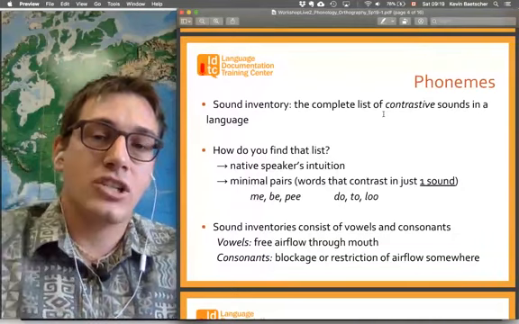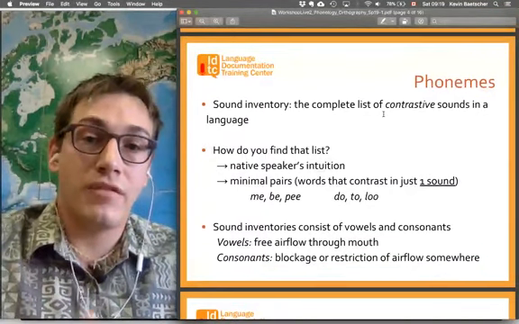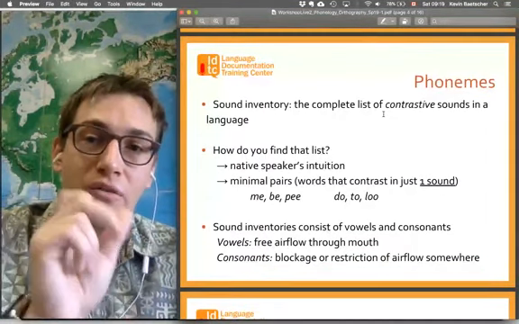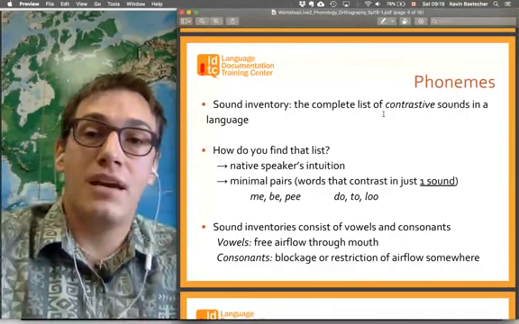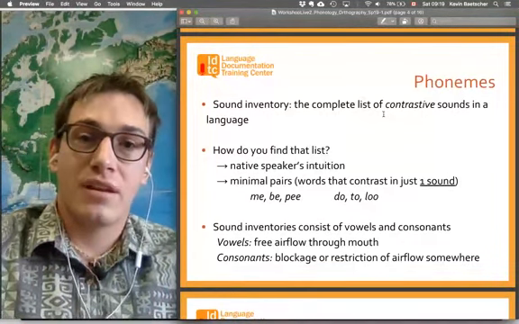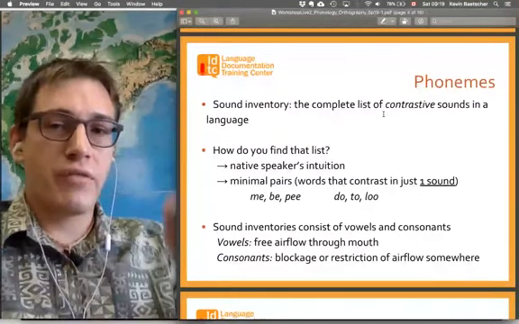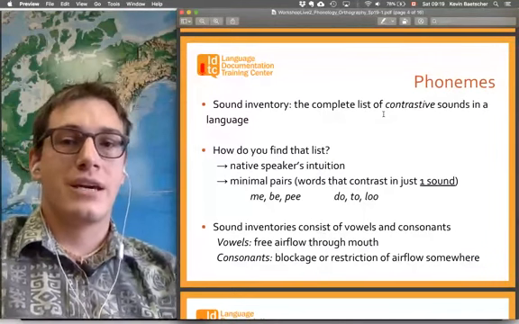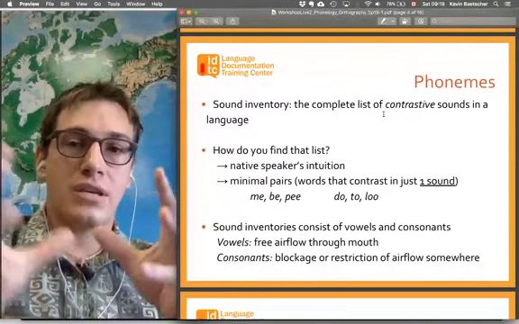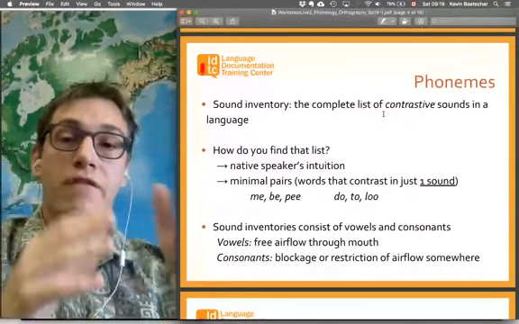I just changed the beginning of those two words, and already you see that it changes the meaning. So we know from that the B and the P are two different sounds. Oftentimes you already understand from your native speaker intuition which sounds are going to be different from each other.